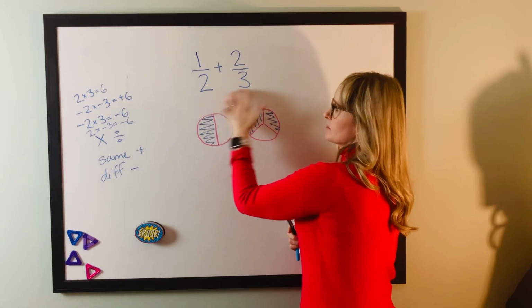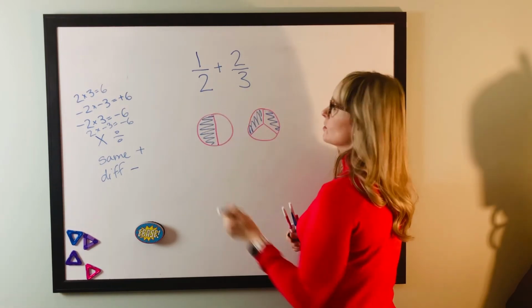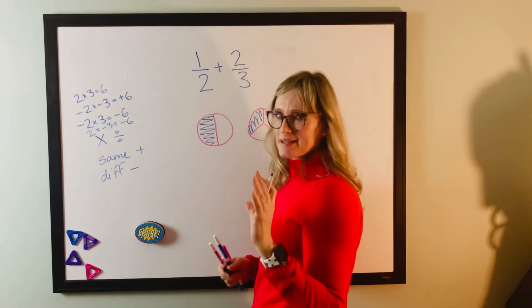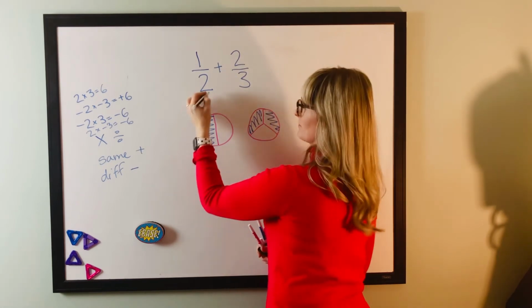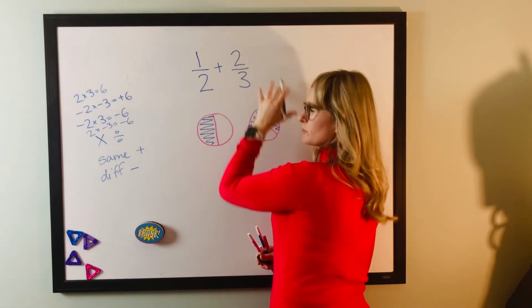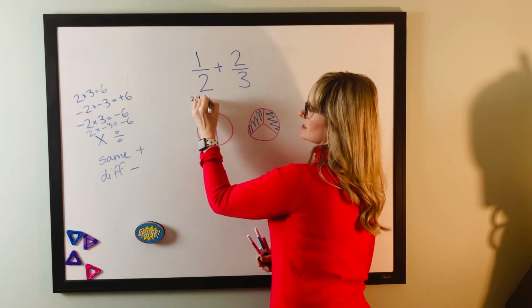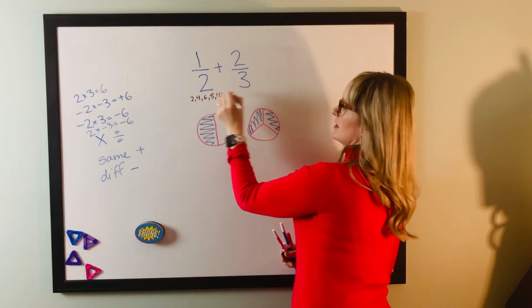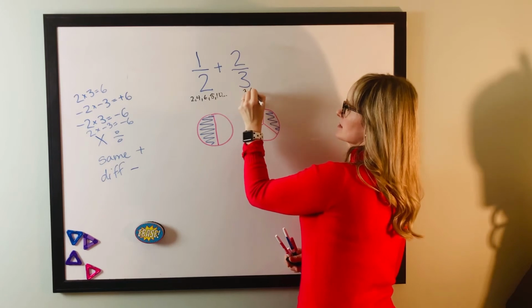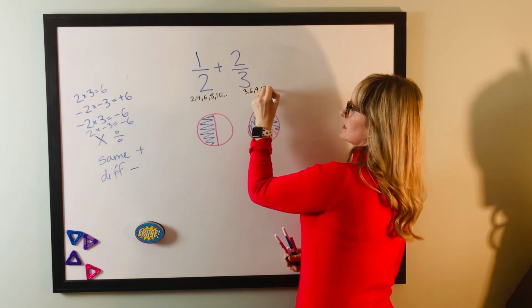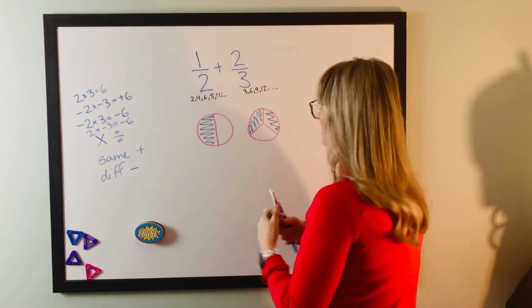Well, the trick is to multiply the denominators. You can do it like that, or you can think of factors. And I like it when you think that way because soon in math you'll start factoring things or having multiples of things. So if I do multiples of 2, it would be 2, 4, 6, 8, 10, etc. If I do multiples of 3, it would be 3, 6, 9, 12, etc. Oh, wait! There are 2 numbers here.